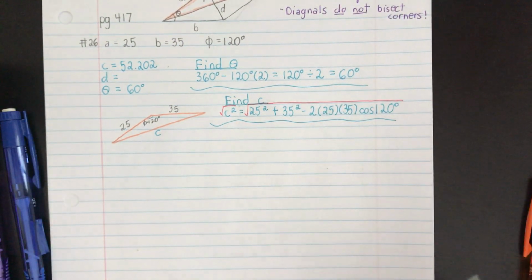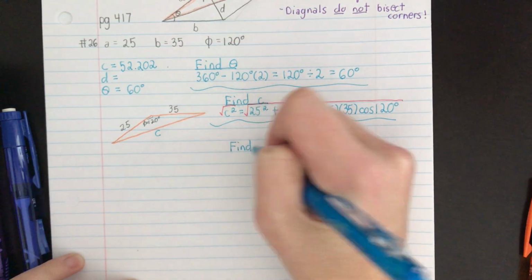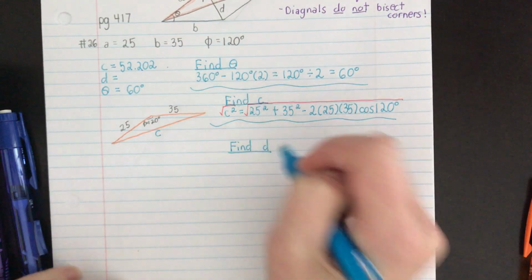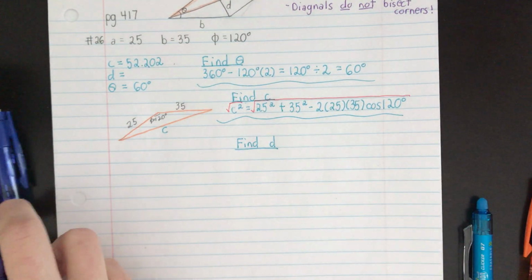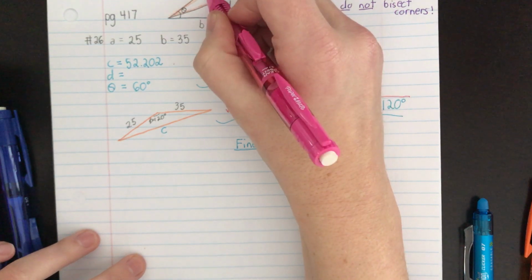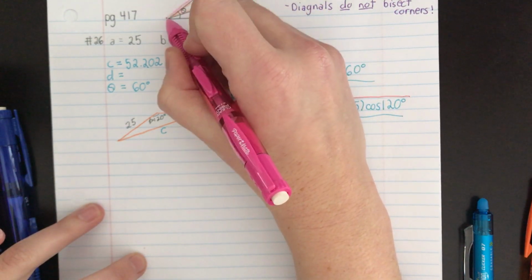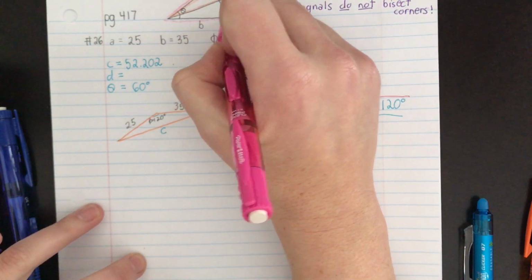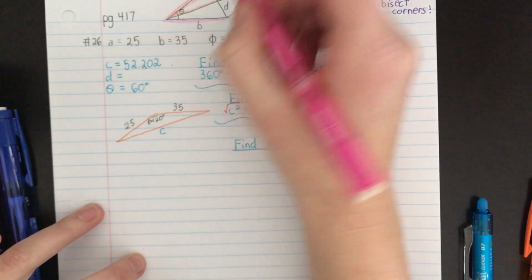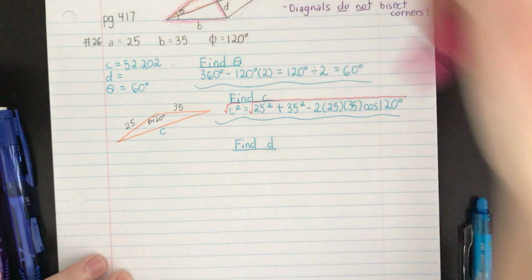Now we're going to find D. Okay, find D. So to find D, this whole length is D. So now I want you to think about the pink. Maybe it wasn't the best color because it kind of overlaps the orange, but we're talking about this triangle here.